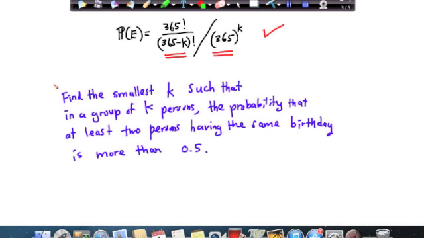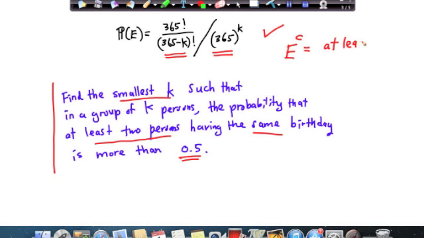Our question is the following. We want to find the smallest number k such that in a group of k persons, the probability that at least 2 of them have the same birthday is more than half. We need to describe the event in terms of E. That is given by the complement. Since E is the event that all of them have different birthdays, the complement says that at least 2 of them have the same birthday.